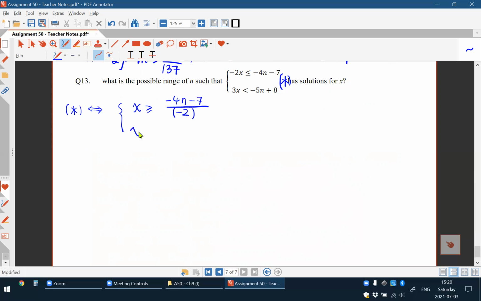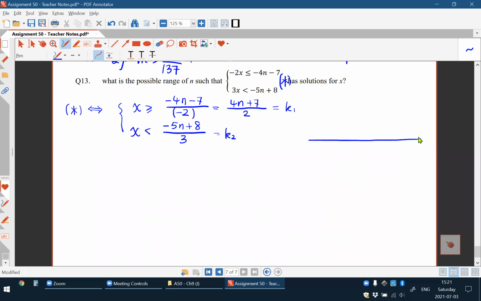And next, x is smaller than 5n plus 8 over 3, right? Of course, we can cancel a -1 to the number here. So this becomes 4n plus 7 over 2. We can cancel 1 here, right? Okay, so let's call this K1 and this is K2.